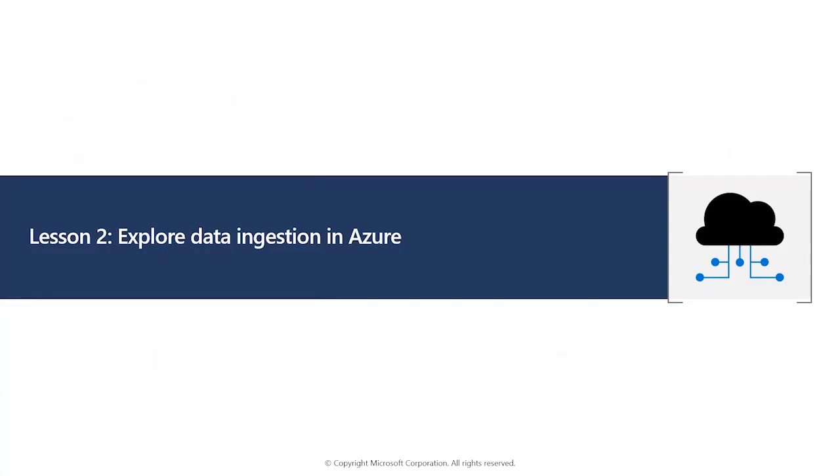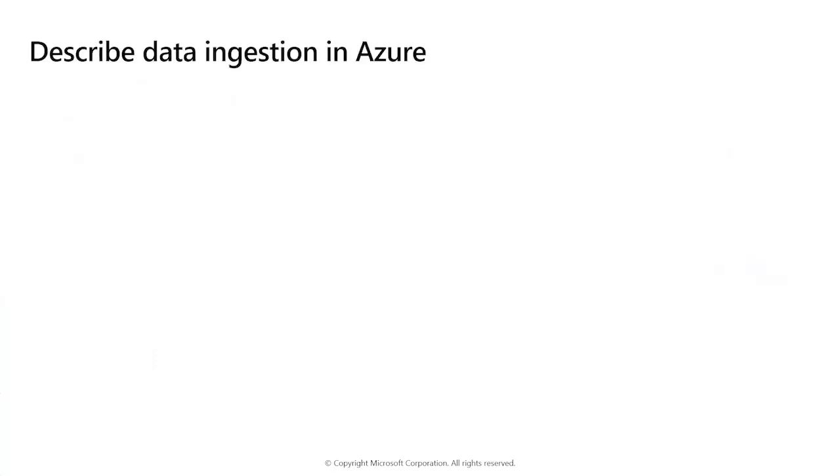Lesson 2, explore data ingestion in Azure. Data ingestion is typically the first part of any data warehousing solution. It's arguably the most important part, because if you lose any data at this point, then any resulting information can be inaccurate, could fail to represent the facts that you're basing your business decisions on.